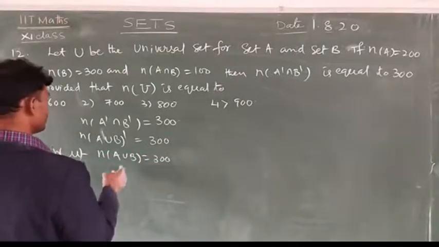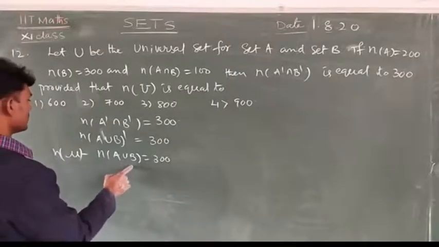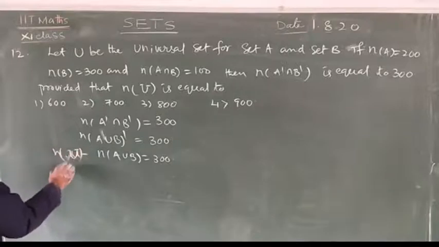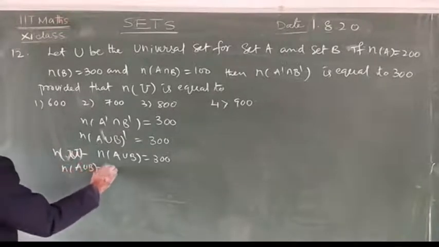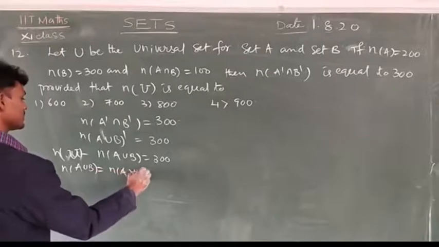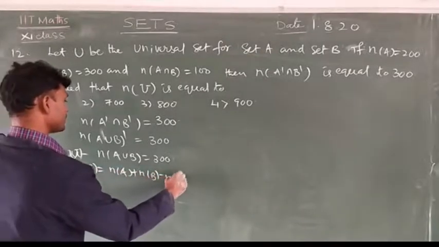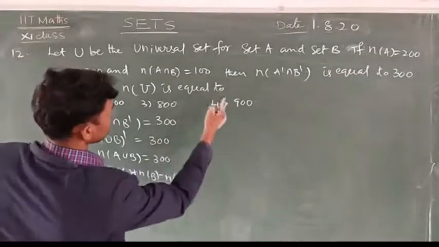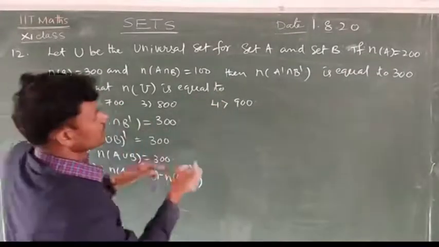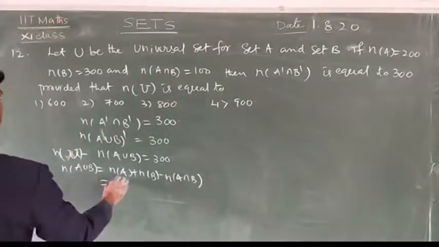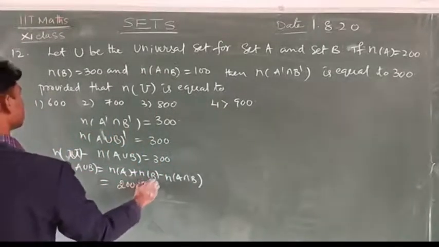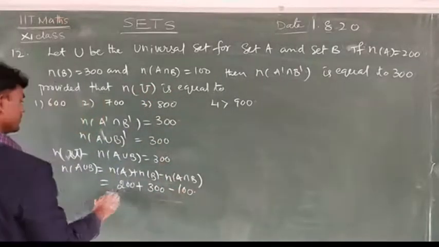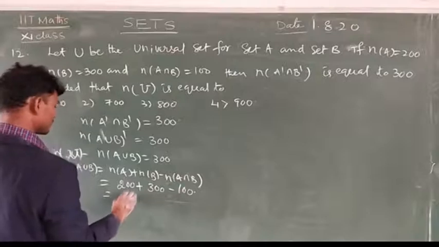Okay, now we have to find n of A union B. Thereafter you have to substitute here, then we will get this answer. n of A union B is equal to n of A plus n of B minus n of A intersection B. n of A is equal to 200, n of B is equal to 300, minus n of A intersection B is equal to 100. 200 plus 300, 500 minus 100 is equal to 400.